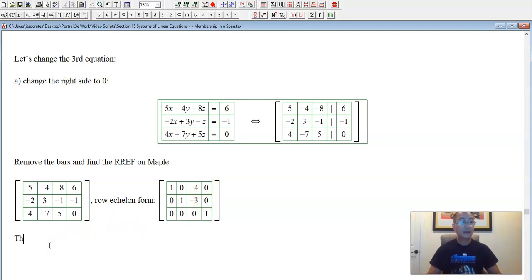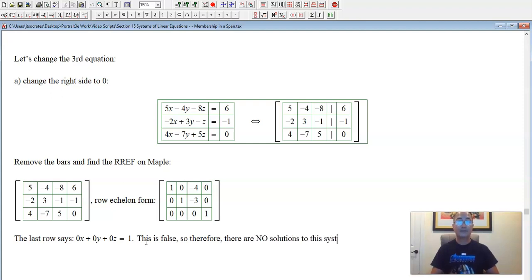So really, the last row says that 0 times x plus 0 times y plus 0 times z equals 1. Okay, now wait a minute. We get 0 on the left, 1 on the right. And of course, this is false. Okay, so therefore, there are no solutions to the system.